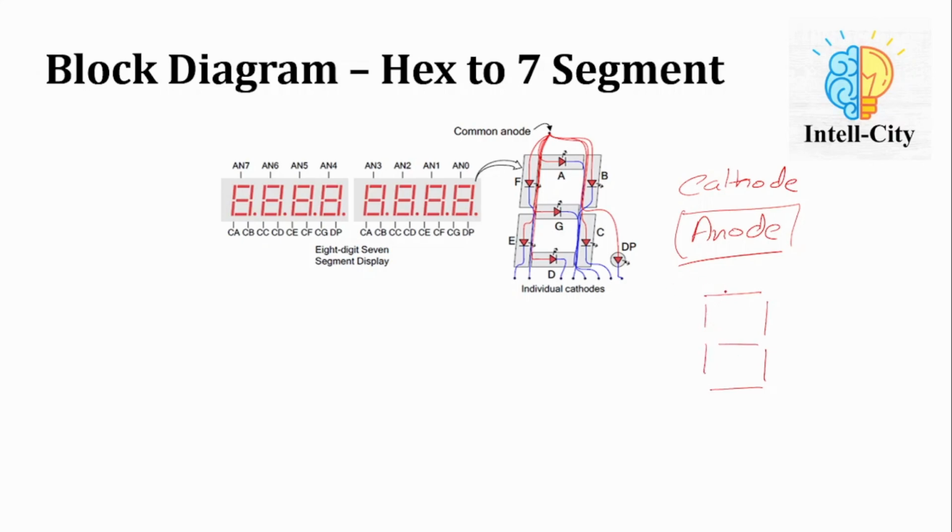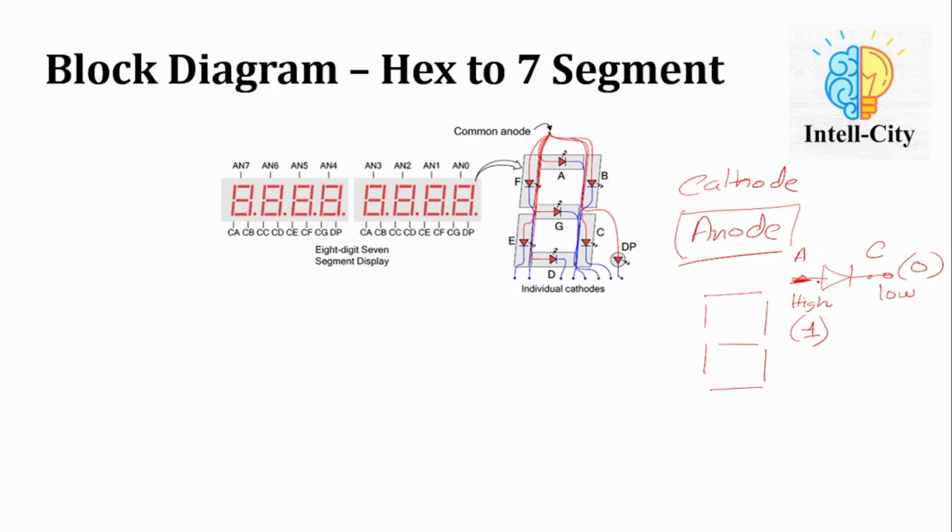So these 7 LEDs, and of course LED is a light emitting diode, and a diode has a positive part, or you can say the anode part, and the cathode part. So to switch on this LED, we have to drive the anode terminal to a high voltage, and the cathode terminal to a low voltage, or you can say the cathode terminal should be connected to the ground or zero, and the anode terminal should be connected to the positive terminal, VCC, or you may call it logic high or 1.